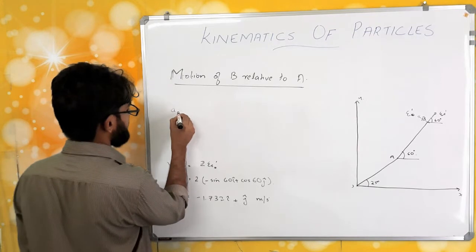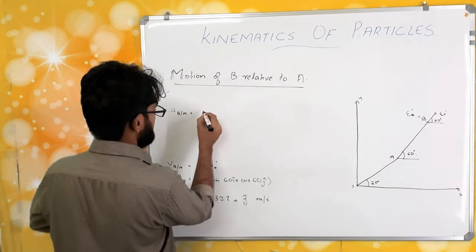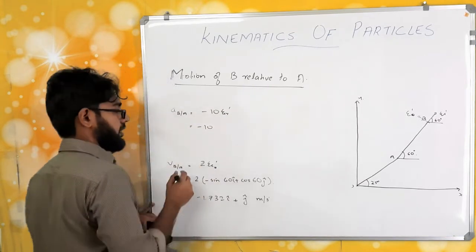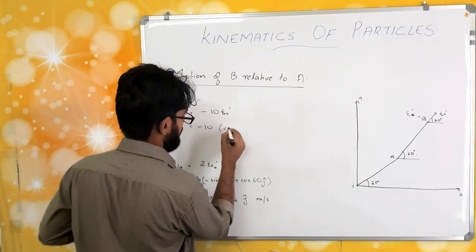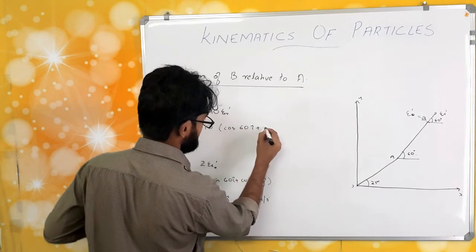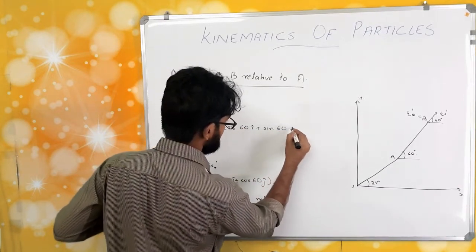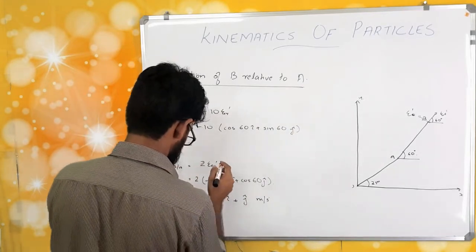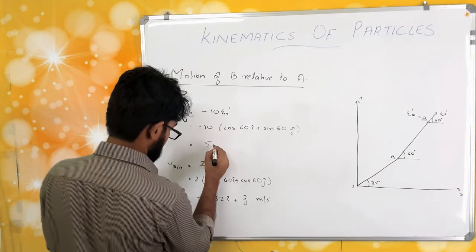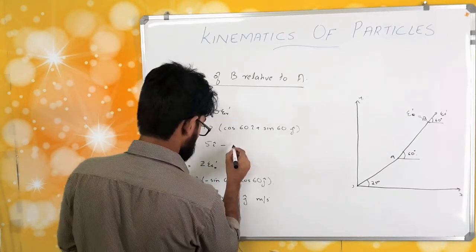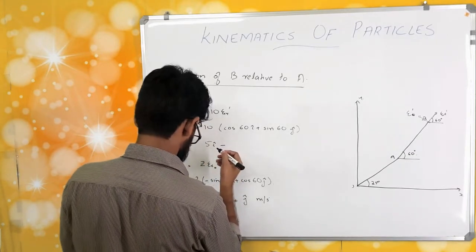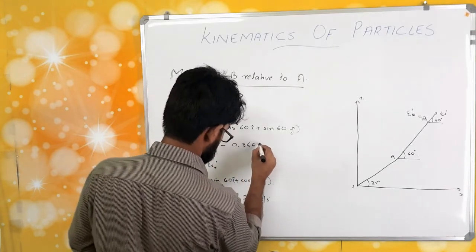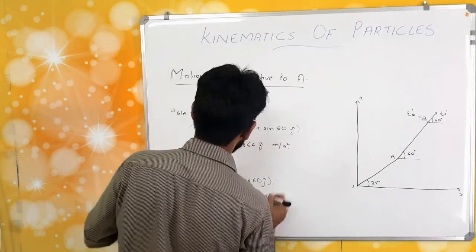Acceleration of B with respect to A is equal to minus 10 epsilon r dash, which is equal to minus 10 into cos 60 I cap plus sin 60 j cap, which on solving you will get the value of minus 5 I cap minus 0.866 j cap meter per second square.